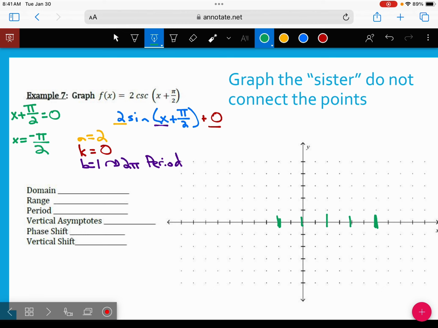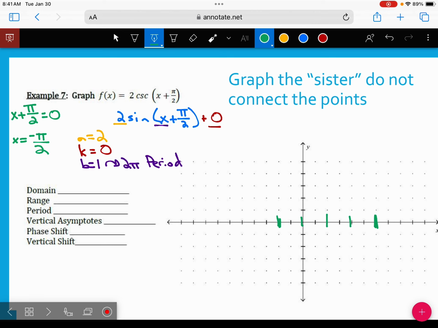Is there a vertical shift? Here, our k value is 0, so there isn't one. And our a value, or our amplitude, is 2.